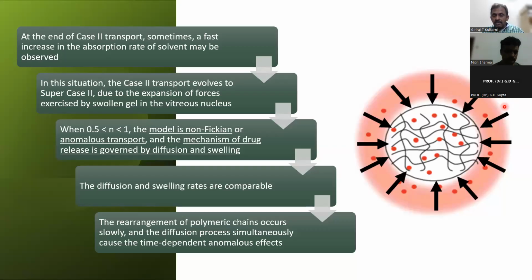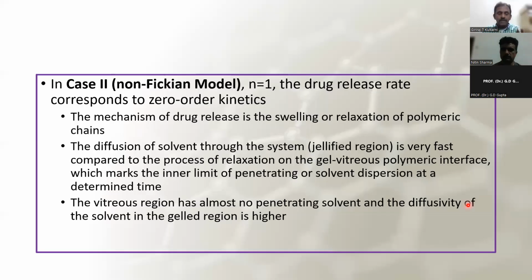So here you can see, when the solvent enters into the matrix, the outer portion of the matrix will swell and make a gel-like layer. And the inside core is still dry. The water or solvent has not yet reached there. That red colored portion that I have shown is the jellified region.